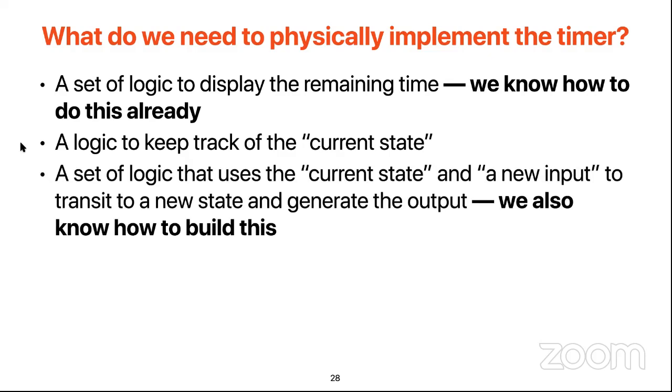So you also need a set of logic that uses the current state and the new input to transition to a new state and generate the output. And this you also know, right? The only thing we haven't learned so far is a logic to keep track of the current state. That thing is called memory. You need a memory to maintain a current state.